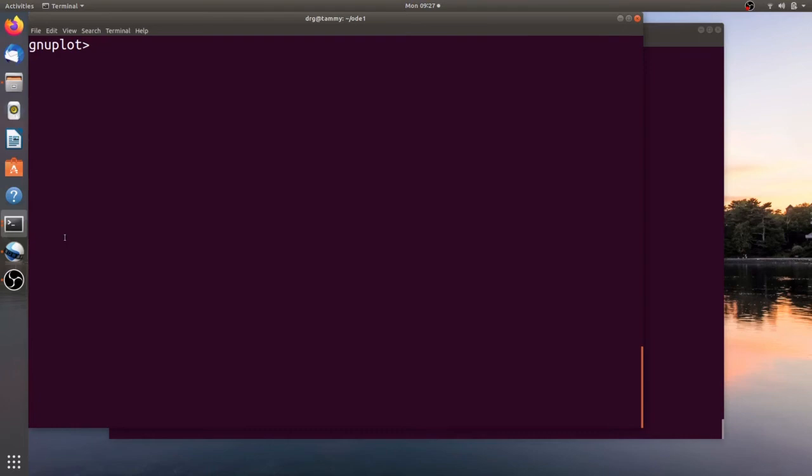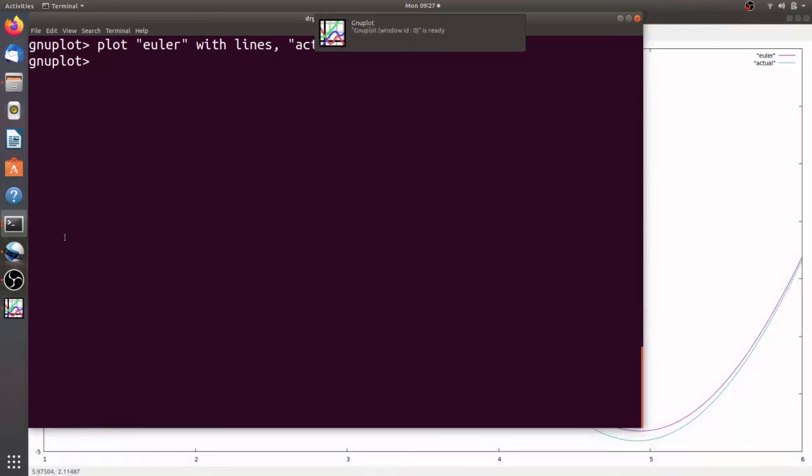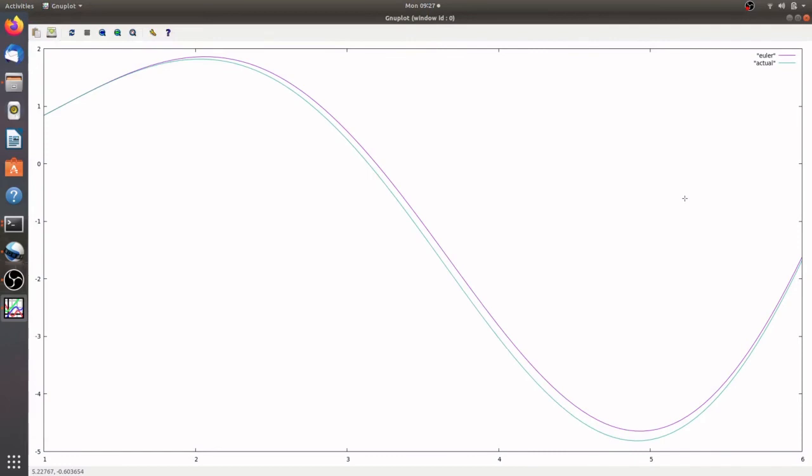If I want to see what this looks like, we see that even though this is an extremely simple-minded method, it's not bad.